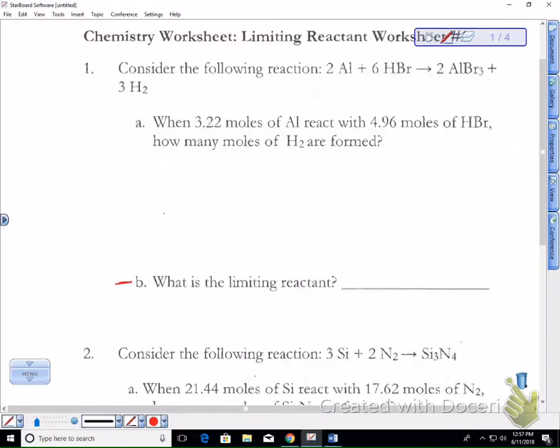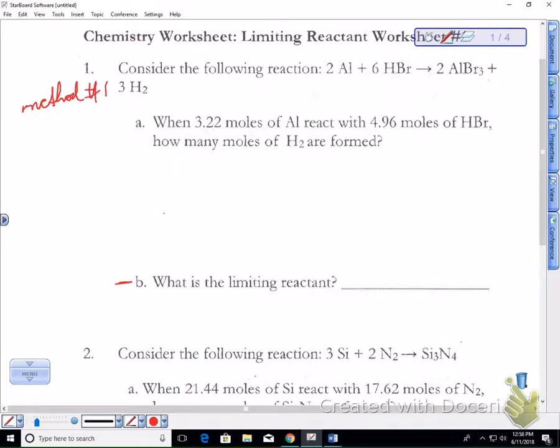So this goes kind of into the different ways to do this. I can use hydrogen as sort of my guide for what's limiting and what's excess. So this is method one, and there's no real proper name to this.